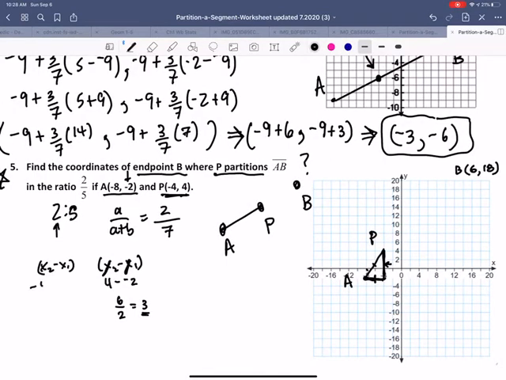So the x's were -4 minus a -8. Okay, so I get 4. And when I cut that equal, it's 2. Okay, that makes more sense. So I went 2 here in the x, and I went a total of 3 in the y. 1, 2, 3, 1, 2, 3. That makes sense. Okay.